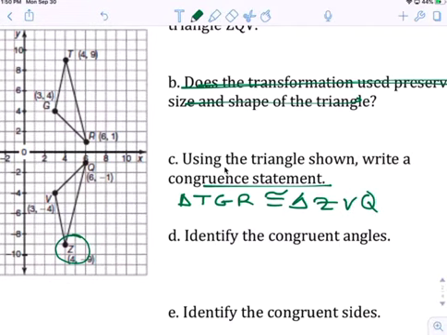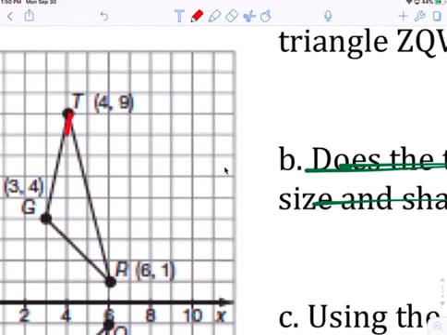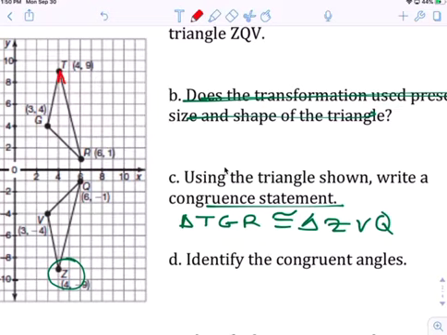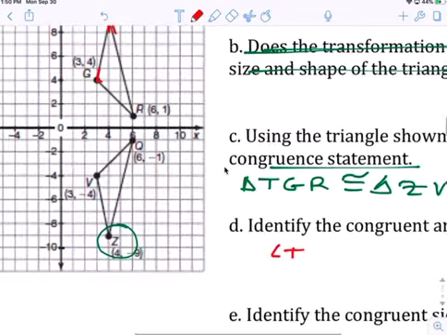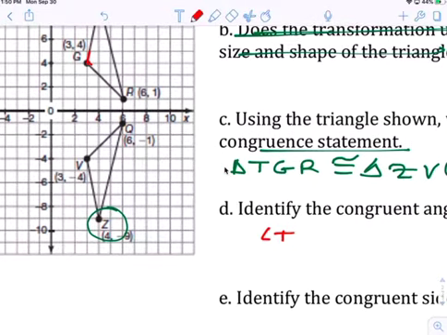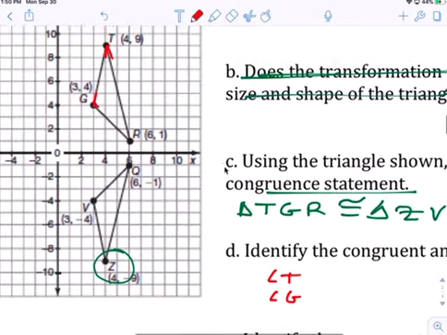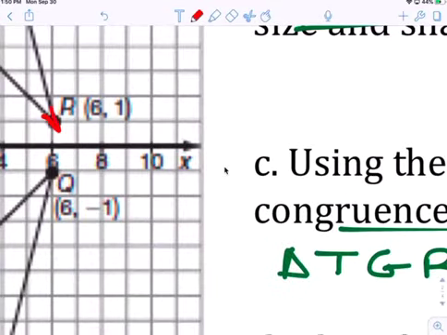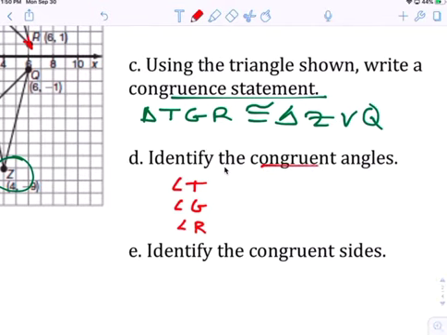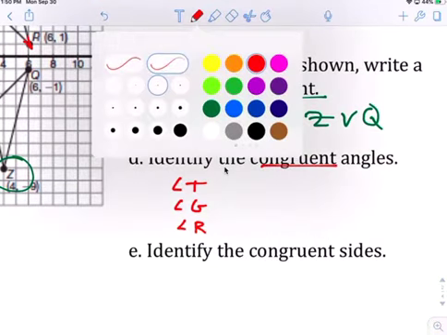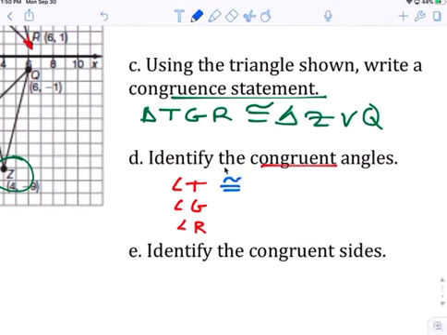Identify the congruent angles. Okay, the angles. Let's see. This is angle T, right? So angle T, and this is angle G. And this is angle R. And we want congruent angles, so congruent to.